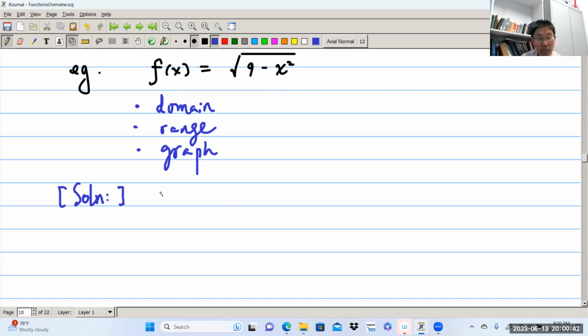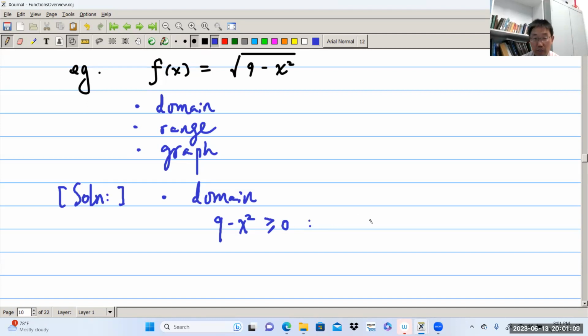So to find the domain, we require what? We require this 9 minus x squared to be non-negative because this is under the square root, right? We agree? Yeah, that's right. Okay.